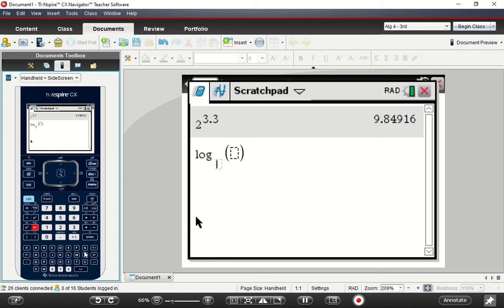Okay, and it gives me a little box to enter my base. So right here, my base is 10. And then the number I'm looking for is 19, right? Okay, so hopefully you guys have this in your notes, right? How to enter the log. Hit enter. My answer is 1.27875.